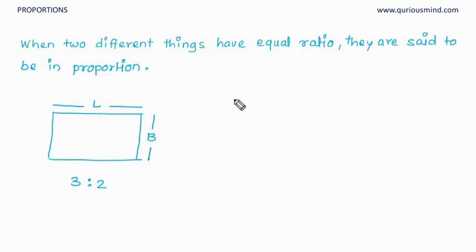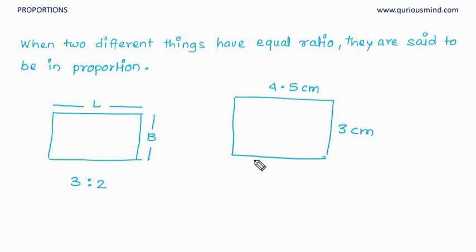Now, if I look at a postcard, its length is 4.5 centimeter and its breadth is 3 centimeter. And if I find the ratio of length to breadth, that is equal to 4.5 upon 3, which is equal to 3:2.